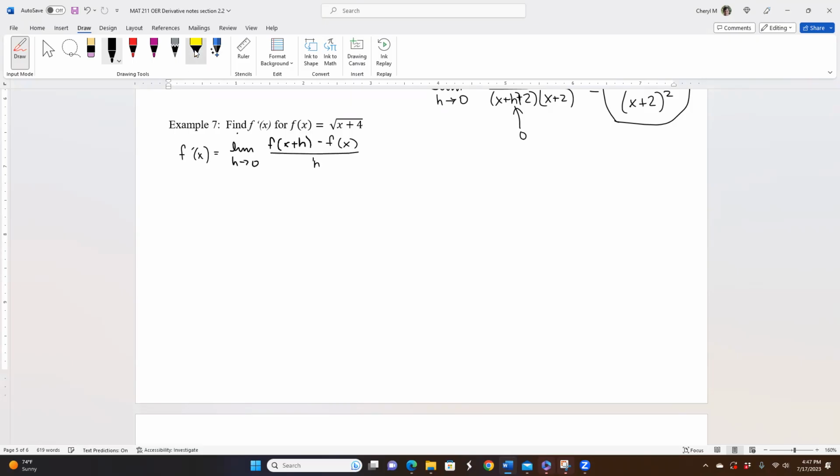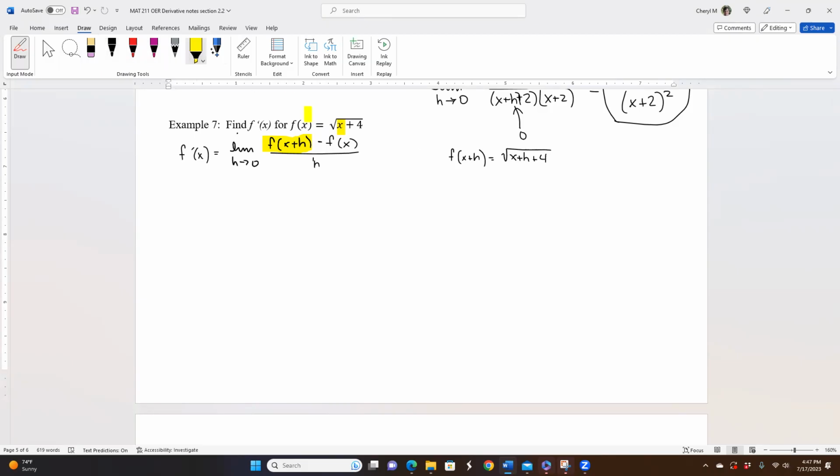Now, as we've done in the past, first we have to find what f of x plus h is. That means wherever we see an x in the function, we substitute in x plus h. So f of x plus h is just the square root of x plus h plus 4.